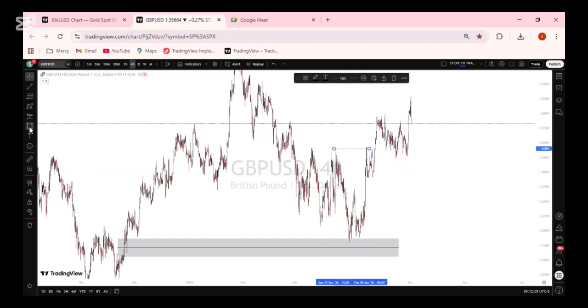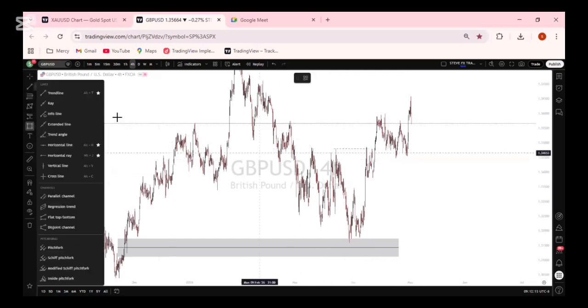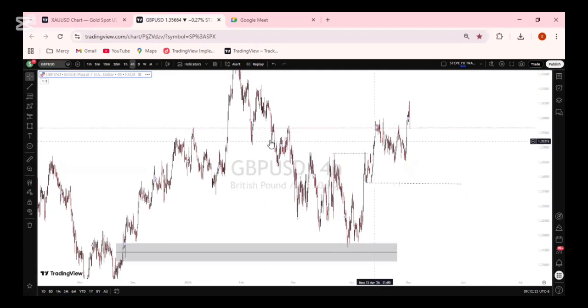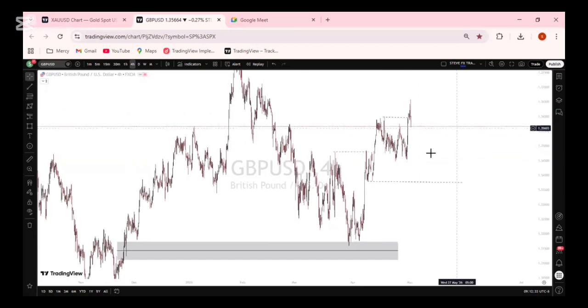We had a break of structure from here. We are having liquidity below. We still had another external structure break from this particular zone. And so we have a point of interest.